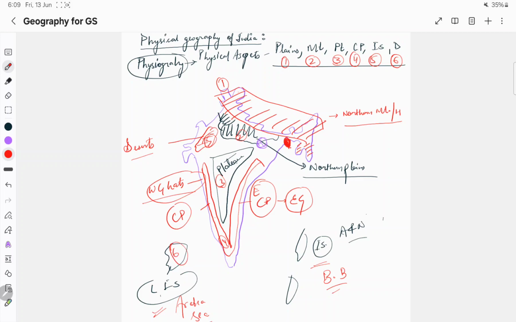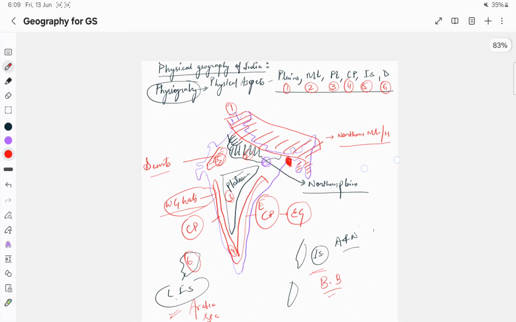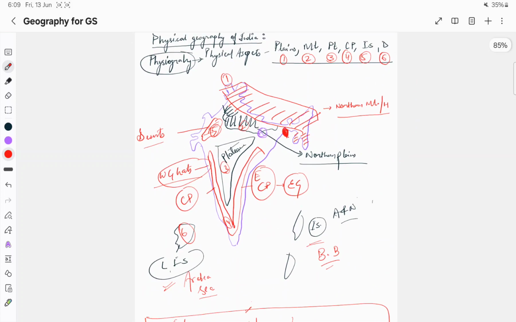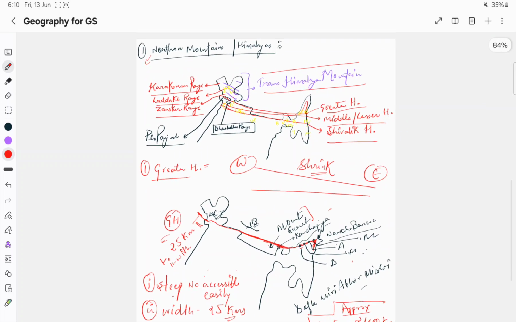So that's how we move forward. No hard and fast rule, anything can be read anywhere, but it's just that we sync Indian geography in a proper manner. So starting from the northern mountains, we talked about Himalayas and Trans-Himalayan regions.